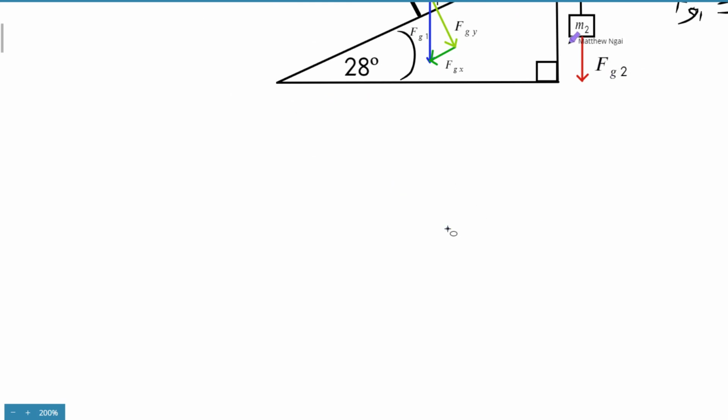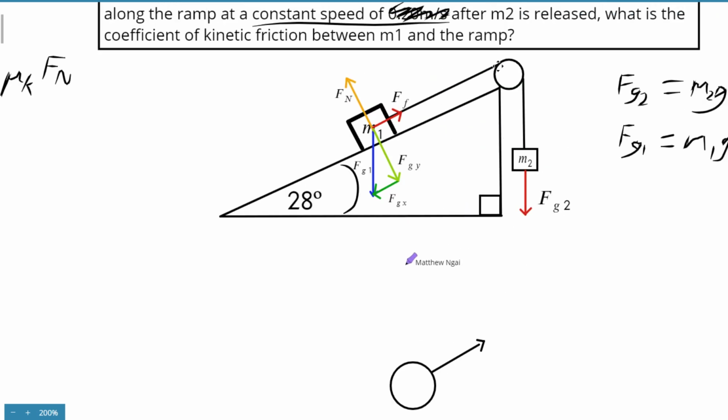Let's just draw a free body diagram here. So this is the force that m2 is pulling at. So that's the tension in the string that's pulling m1 up.